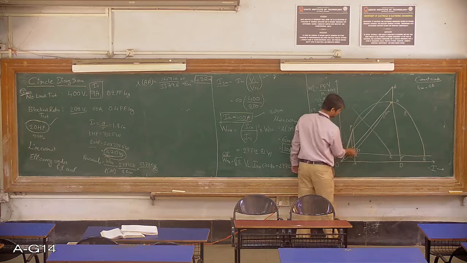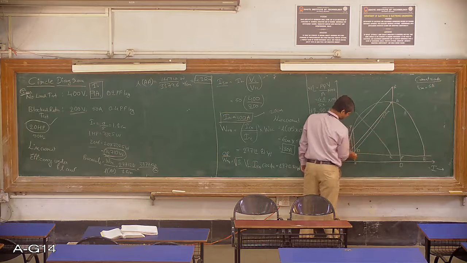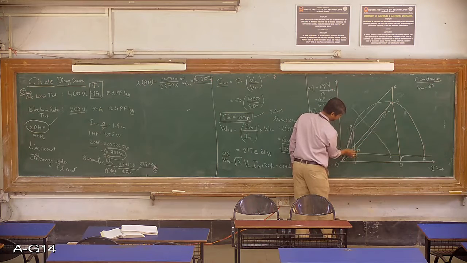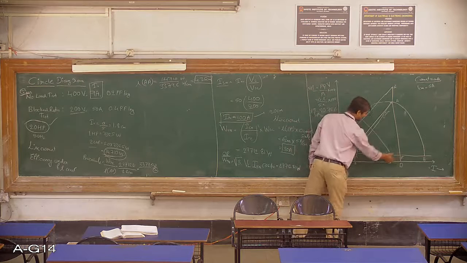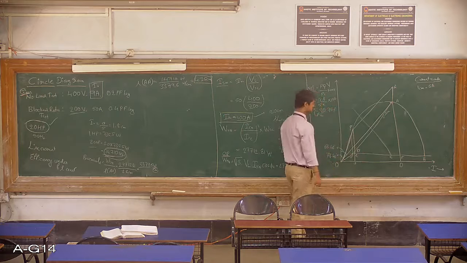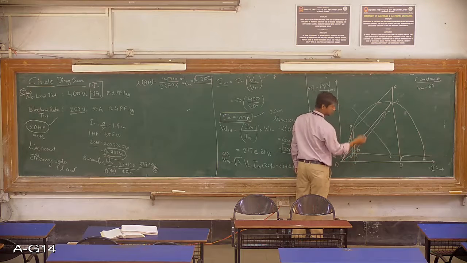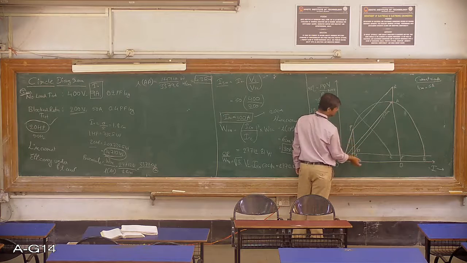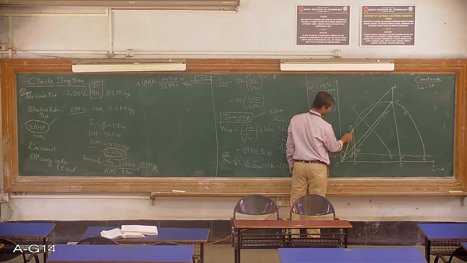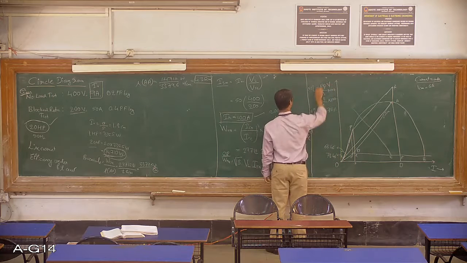So QR is giving us the copper loss, and below that, RS, this entire belt, is giving us the constant loss. So PQ is output, PS is the total input, because output plus losses is input. So PQ divided by PS will give us the efficiency of the machine.